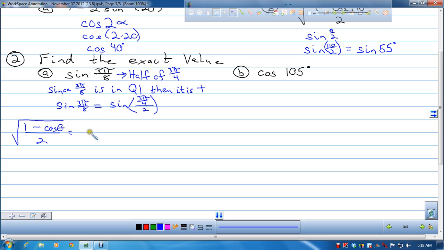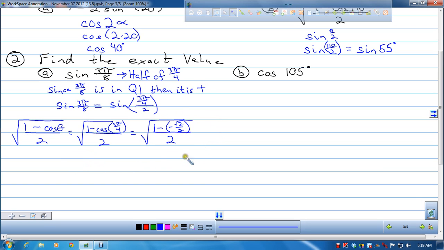Plugging in, that is 1 minus the cosine of 3 pi over 4, over 2. What people tend to do is leave that cosine in there, but I'm looking for the cosine of 3 pi over 4. So I go look for the x value on the unit circle of 3 pi over 4, and that is negative root 2 over 2. And all that is over 2.